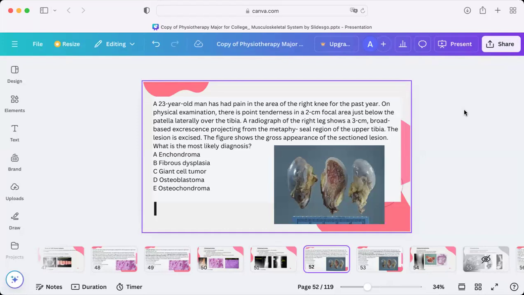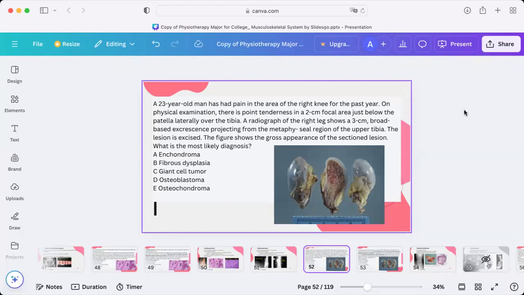Is there anything in the histology slide that makes you think that it's E? Correct. Correct.